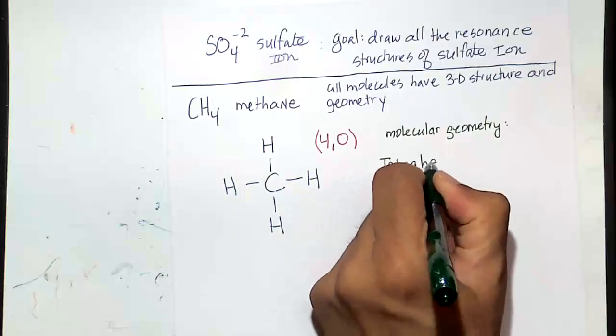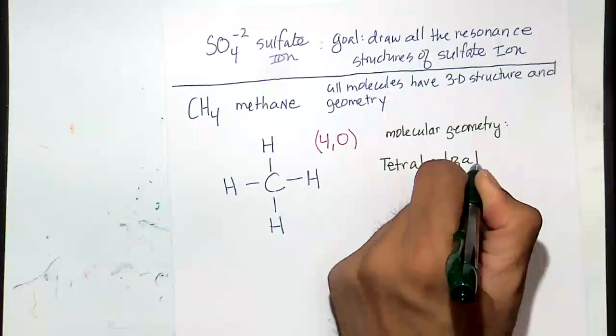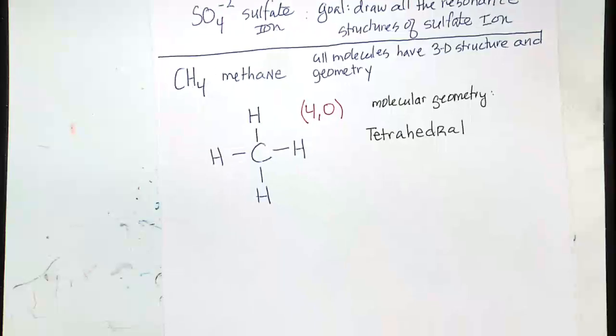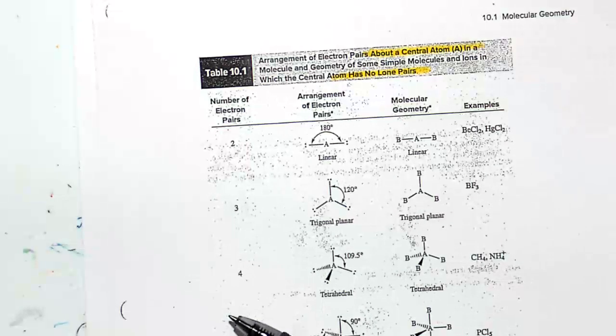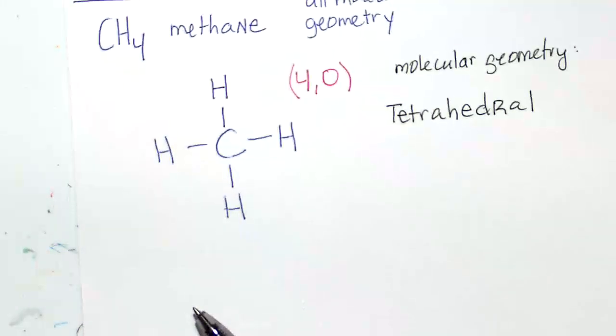So how will you draw something that's tetrahedral? We can use this to help us. First of all, before we even draw something tetrahedral, what is a tetrahedron? Anybody know? It almost looks like a pyramid.